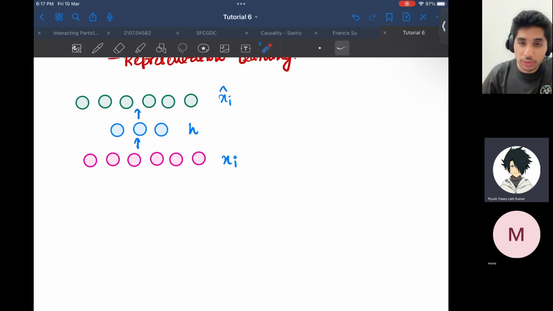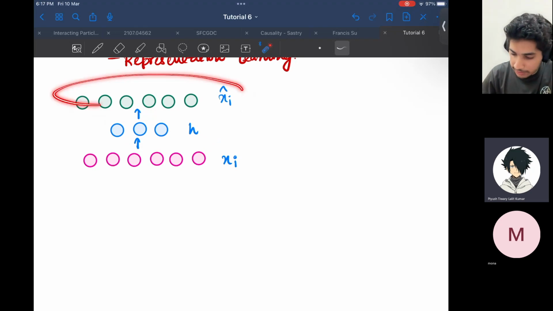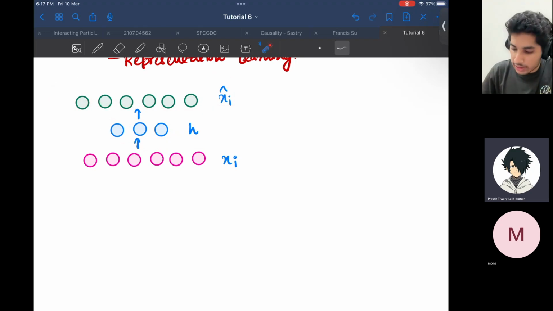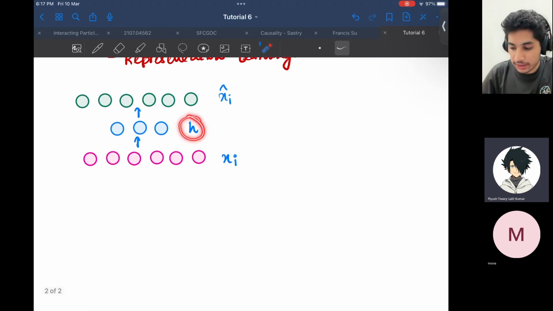So if it is possible to reconstruct my data xi hat using h, then h should be something meaningful. It is not possible to construct xi hat using trash. h has to be meaningful, otherwise I cannot reconstruct xi hat.